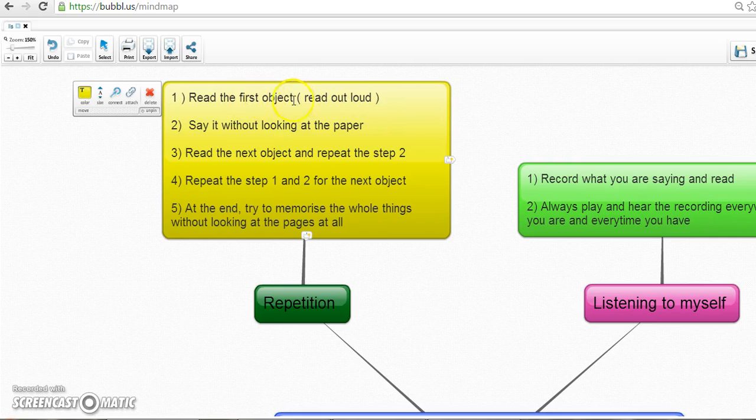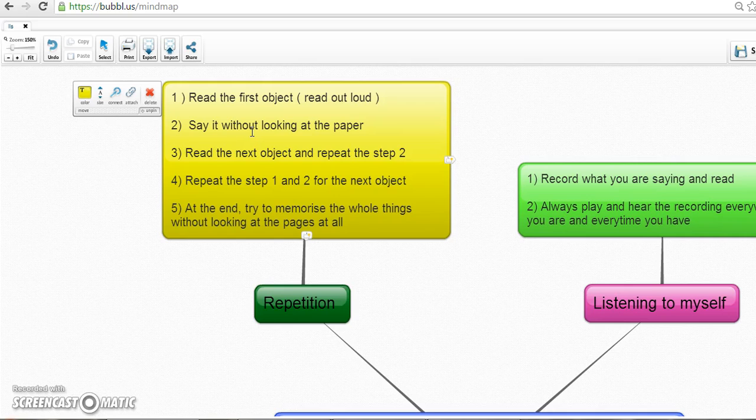After I read the first object while looking, next I'll read the object without looking at the paper at all. I'll use that time to memorize as many as I can. Next, I move to the next object and repeat step 2, which is without looking at the paper again, memorizing the object.